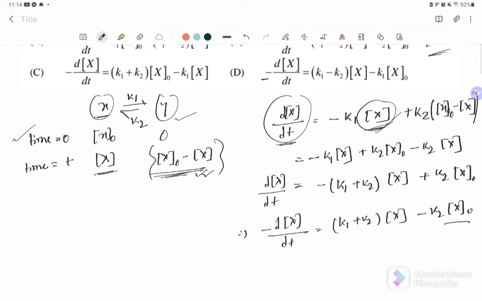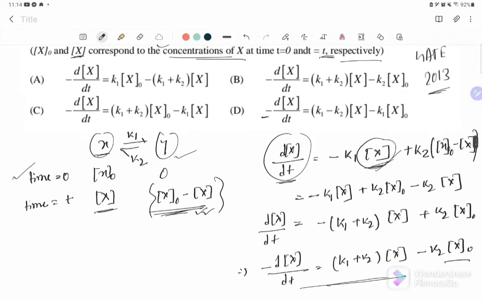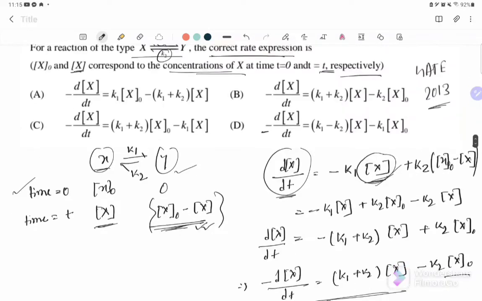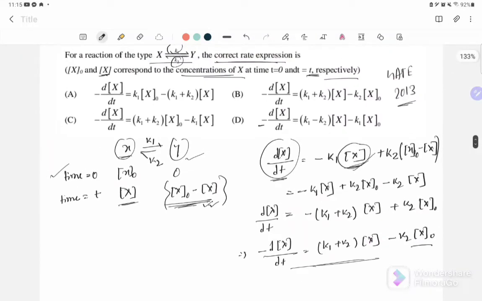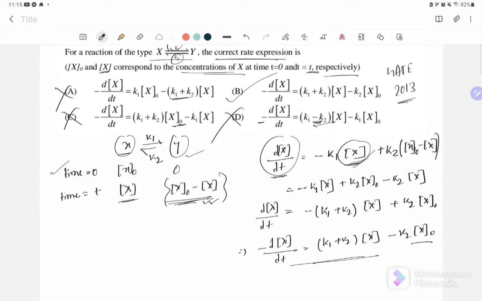This is our answer. So what is the correct option? That is (k1 plus k2) x minus k2 x0. So option B is the correct option, because in the other cases you can see that x0 is not x, and the sign is not correct. This is also not correct, and this one is also not correct.